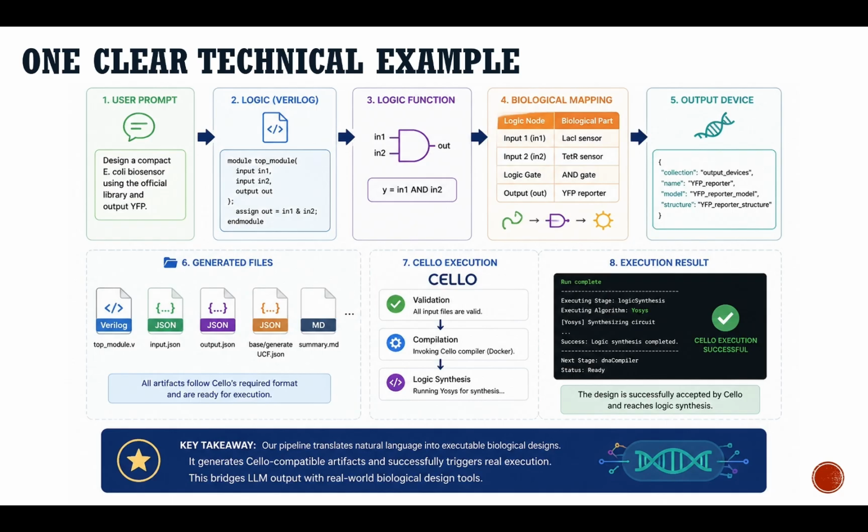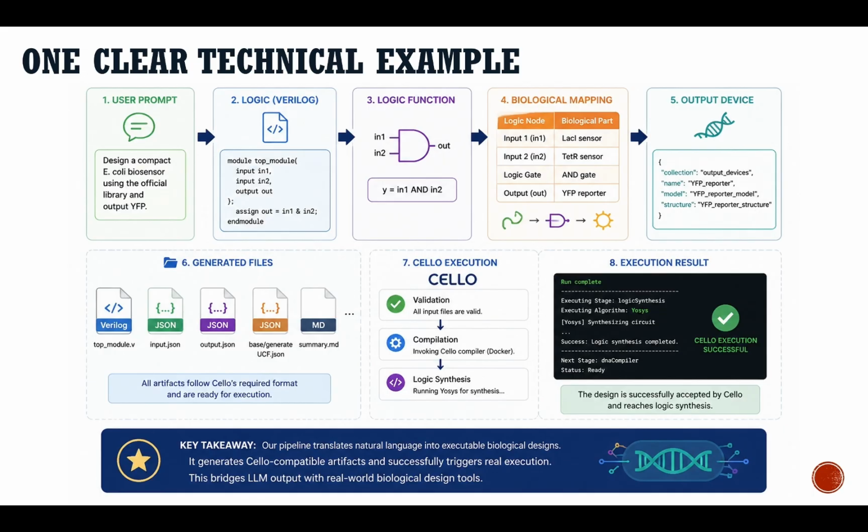This slide shows our clearest technical example, how we bridge natural language requests with Cello-compatible biological design. First, the user provides a simple prompt. Next, our system translates this request into Verilog logic, where the biological behavior is represented as a logical function. For example, output equals input 1 and input 2.